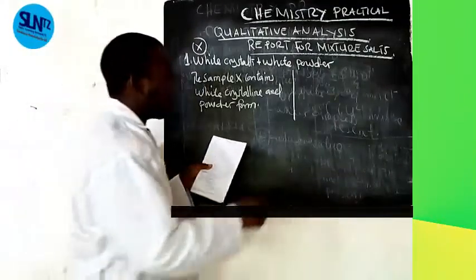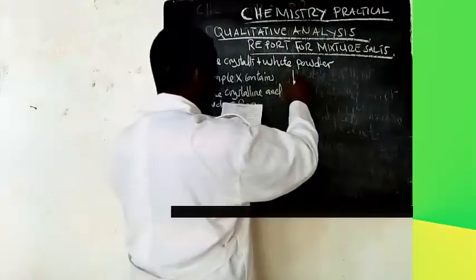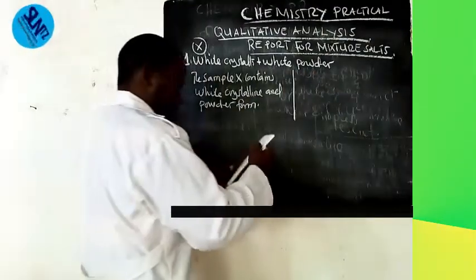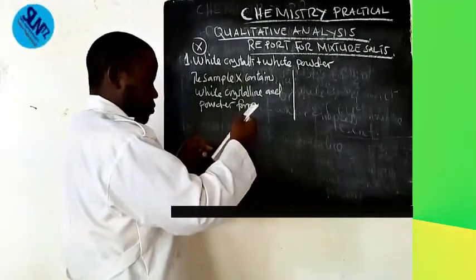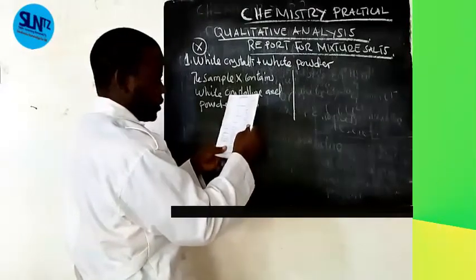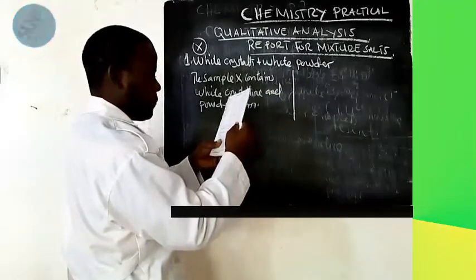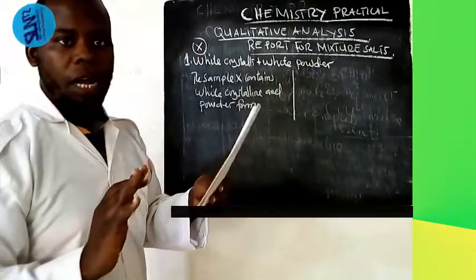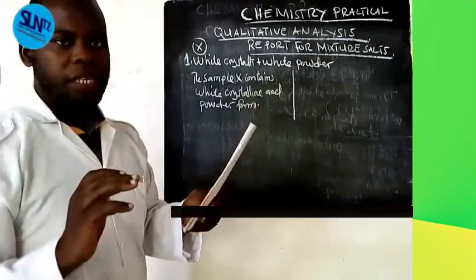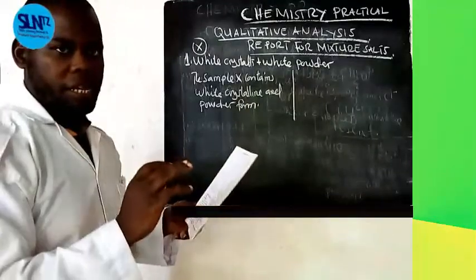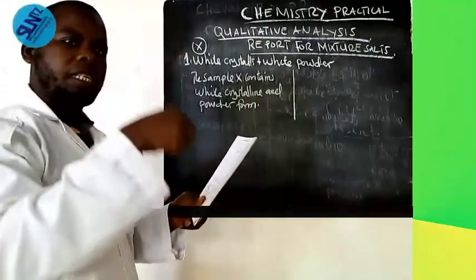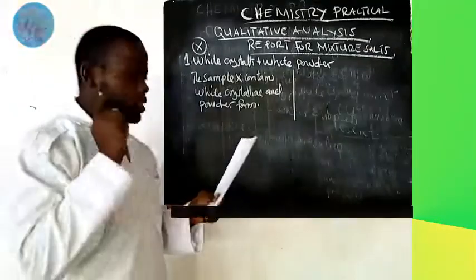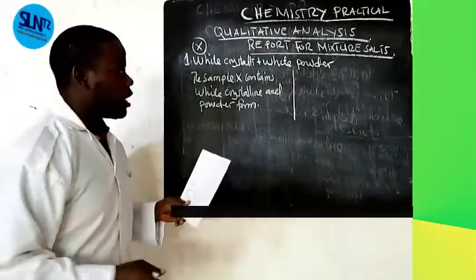So you have to write it that way. You have to join the white, because crystalline and powder represent the anions, and the color represents the cations, which are non-transition elements or transition metals.